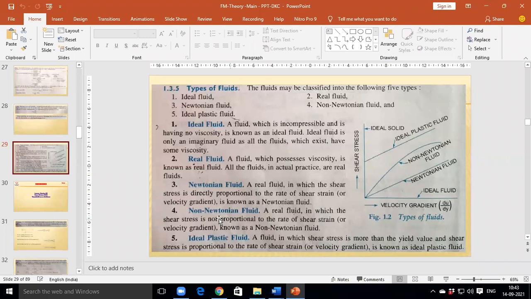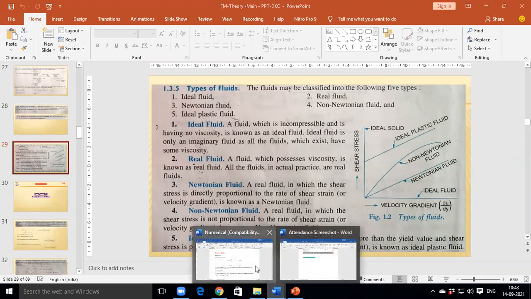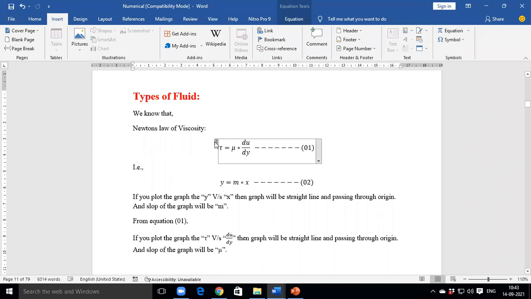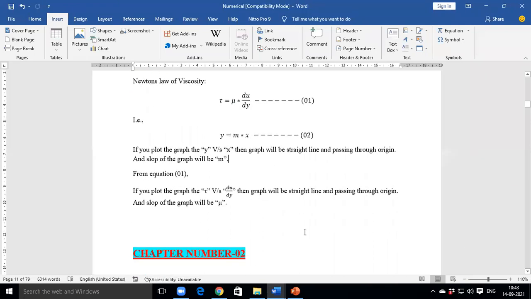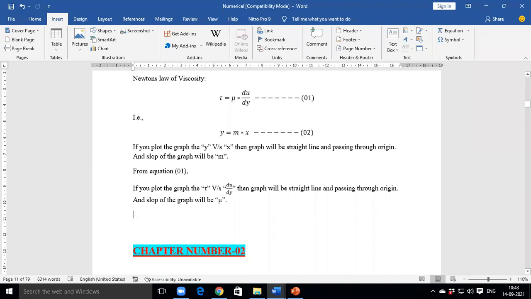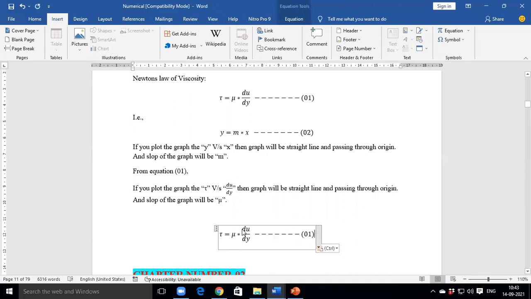Okay, and non-Newtonian fluid. See, this graph is passing through the origin, but it is not a straight line. It means there is a slight change in the equation. I will show you what the change in the equation will be.